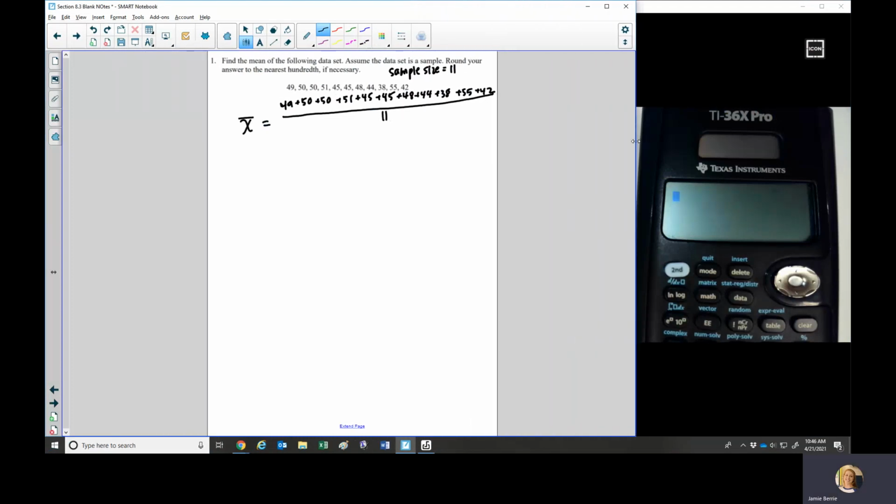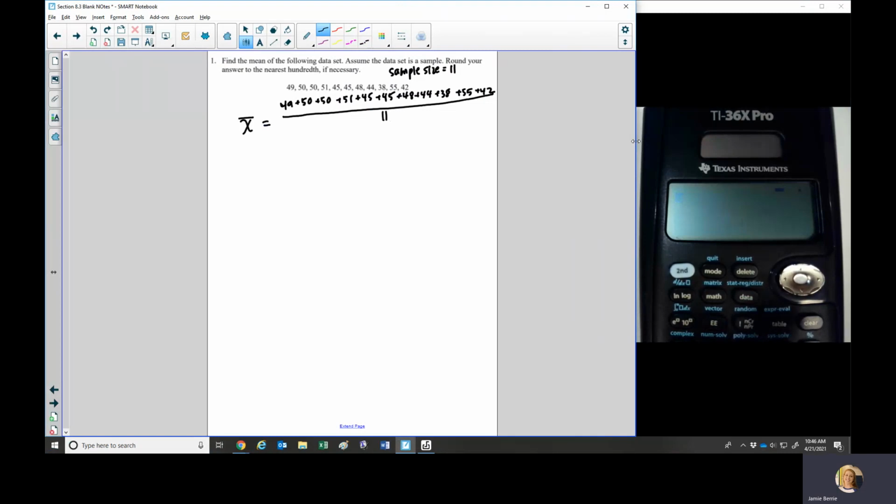All right, so let me scoot this over a little bit. Let's go ahead and add this up. I'm going to hit my fraction button. If you don't have the little fraction button, make sure you put the entire numerator in parentheses. So start off with a parenthesis and start typing your numerator. But I have that little fraction button, so I'm going to use it. So 49 plus 50 plus 50, 50 again, and then 51, 45 twice.